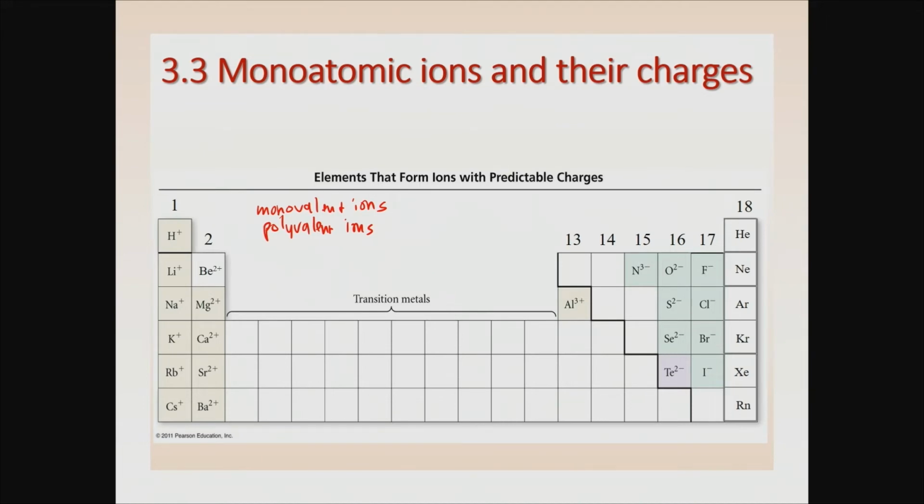All the ones you're looking at in this table here are monovalent ions. Now, a polyvalent ion can have two different charge states. An example of a polyvalent ion, really quick, is copper. In some compounds copper will have a single positive charge, but in other compounds it will have a 2+ charge. And so there are two states that copper can assume.